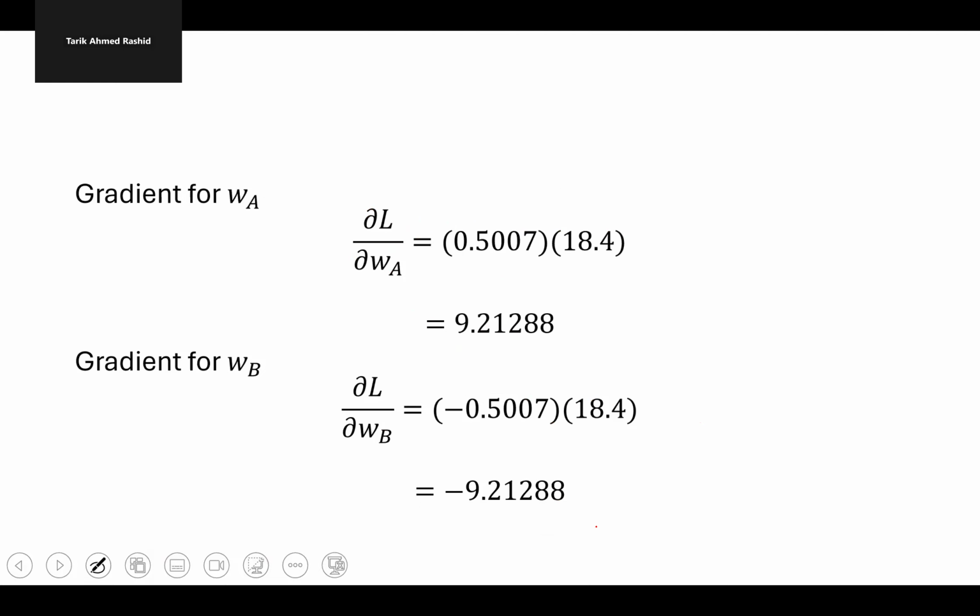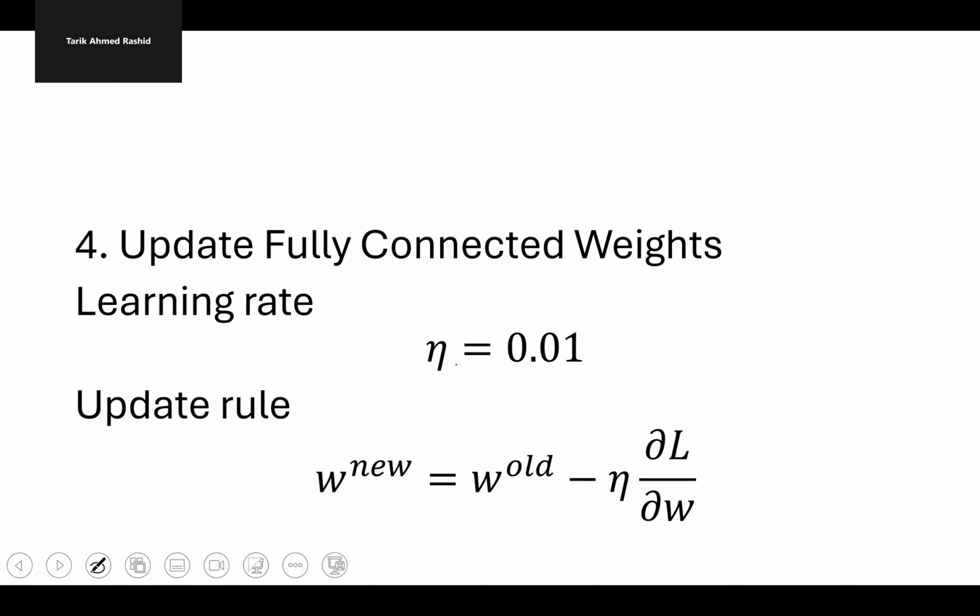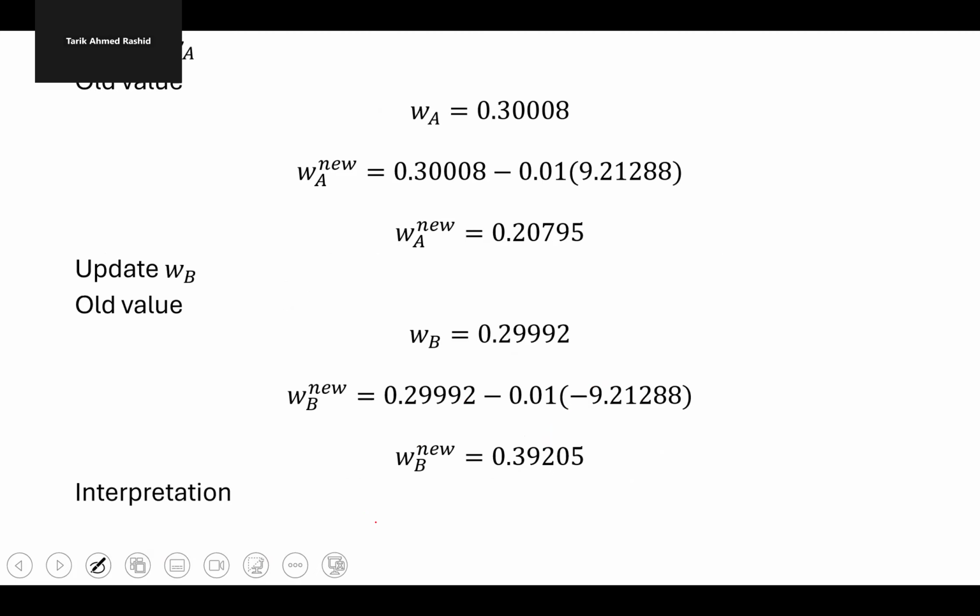For W is this one, for B is this one, and these are the gradients. The gradients will be added to the old weight, and you'll find the new weight. That's what we did. You'll find the new weight for output neuron B and output neuron A.